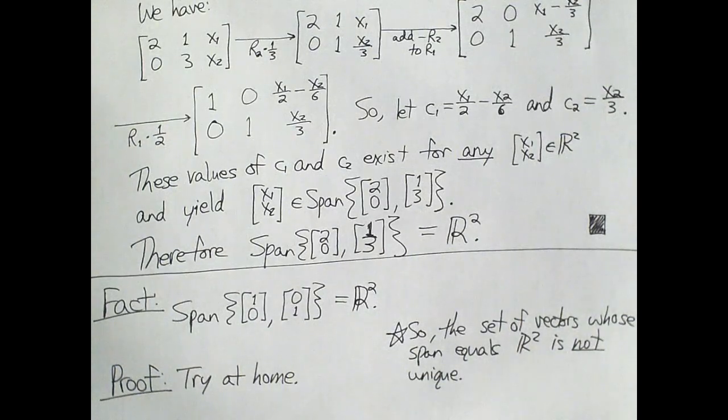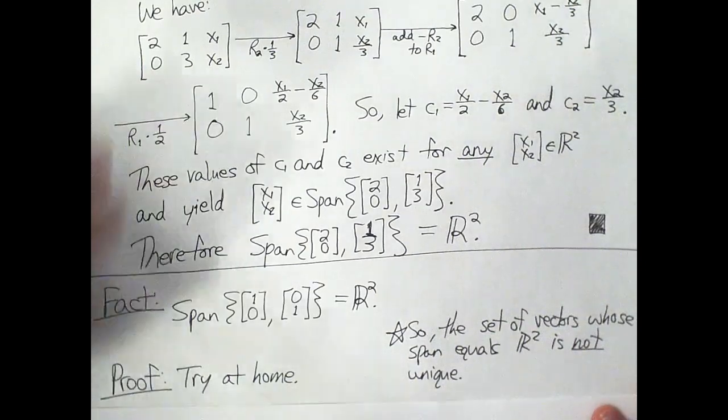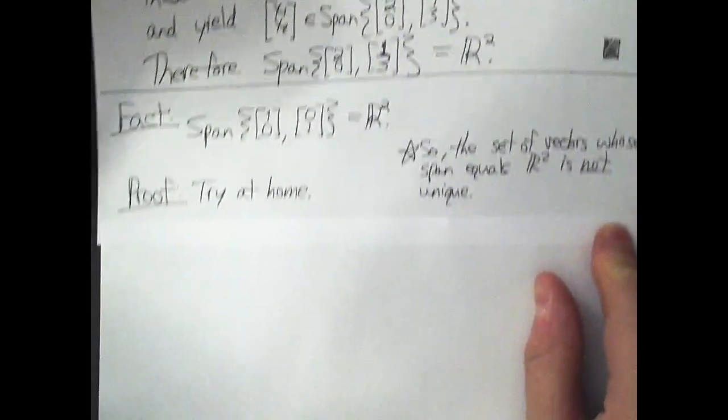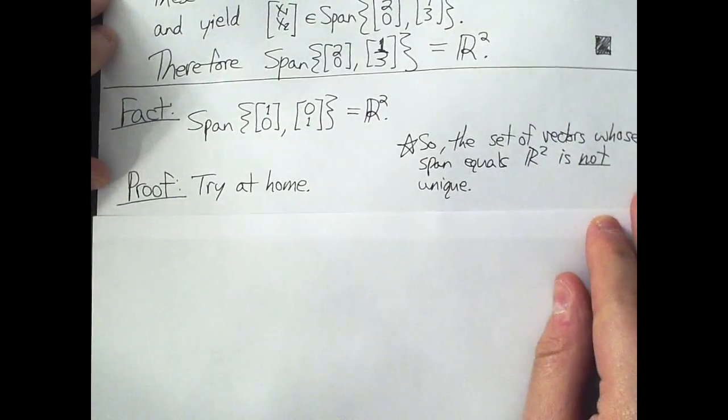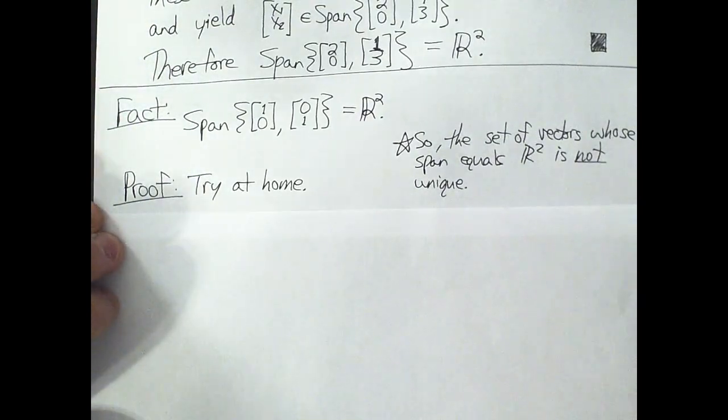Would that work? What about 0, 0, 0, 0? Would that work? So some of these work and some of them don't. Okay, so just because you have two vectors doesn't always mean that you're spanning R2. Some of those will work and some of them won't.